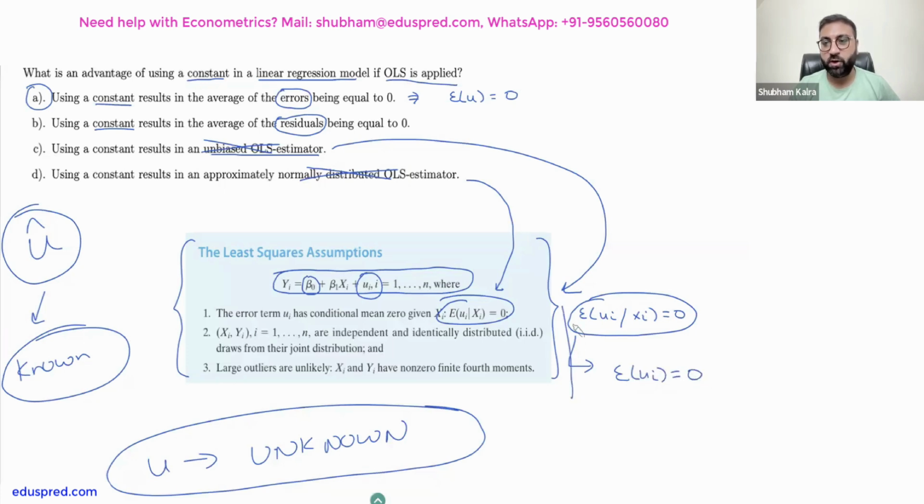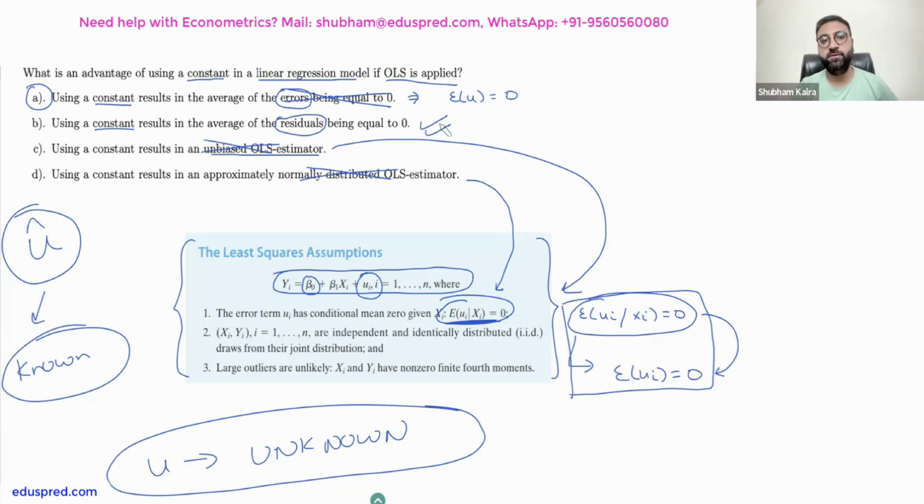I'm not showing you the law of iterated expectations over here because that's not the purpose of this question. However, this should make it clear that even part A cannot be the correct answer because it relies on assumption number 1, since we can go from here to here using the law of iterated expectations. So that means the correct answer is going to be part B. So this is how you can find the answer to this question using the elimination method.